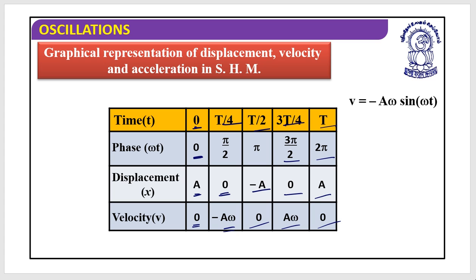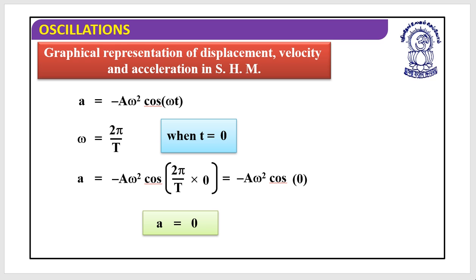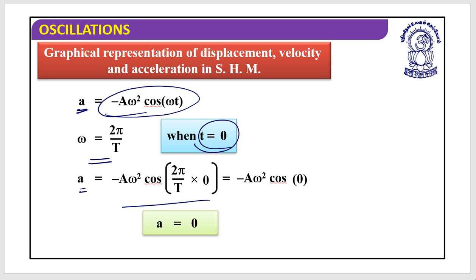Now what is next? Yes, you assumed it correctly. Now it's time for the acceleration. So this acceleration a is equal to minus a omega square into cos omega t. And if I replace omega with 2 pi by T, then at t equal to 0, a is equal to minus a omega square into cos of 2 pi by T into 0.